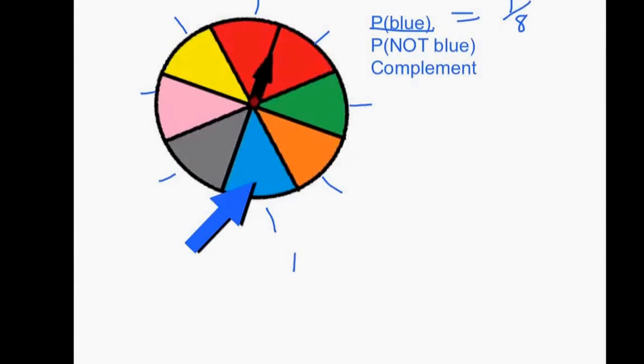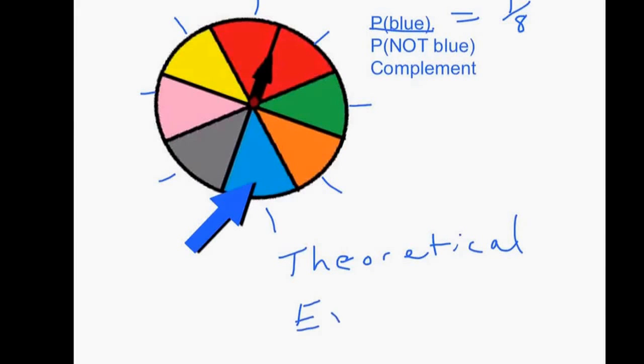This is an example of theoretical probability because we are just saying that we think it's equally likely based on this being equal space. In real life, you might want to try experimental probability in this situation because you really don't know if all spinners are fair.